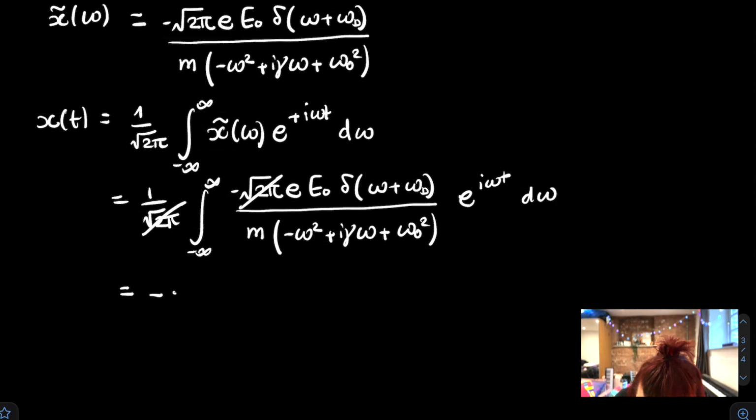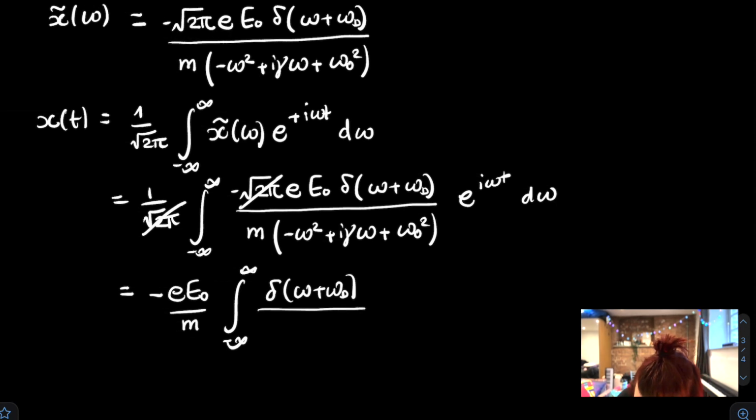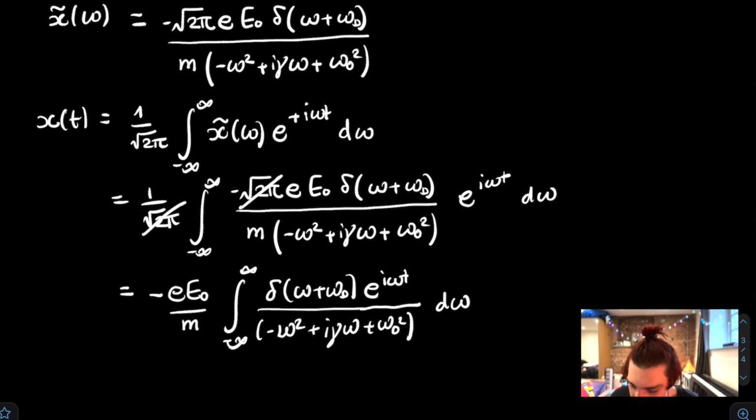We're going to get minus E naught divided by m multiplied by the integral of this Dirac function divided by the denominator right here. So we're going to get minus omega squared plus i gamma omega plus omega naught squared, and we're going to get an e to the i omega t d omega. So we just brought the constants out the front.